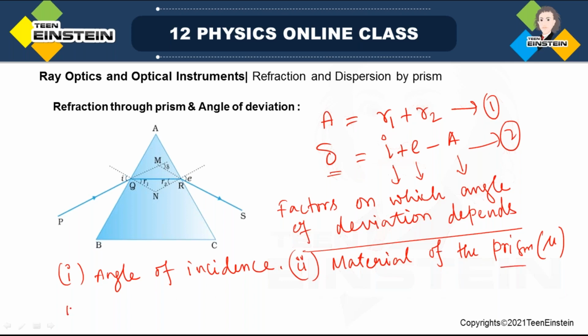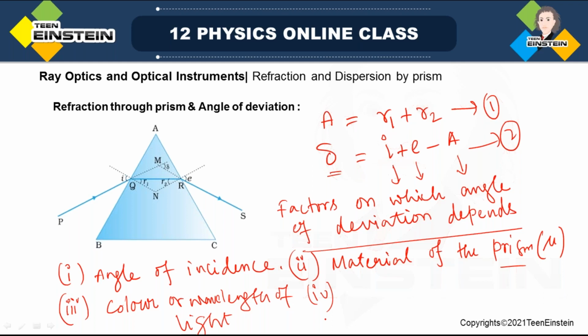Then angle of deviation depends on color or wavelength of light. And the fourth point is that it depends on the angle of prism. So these are the four parameters on which the angle of deviation depends.